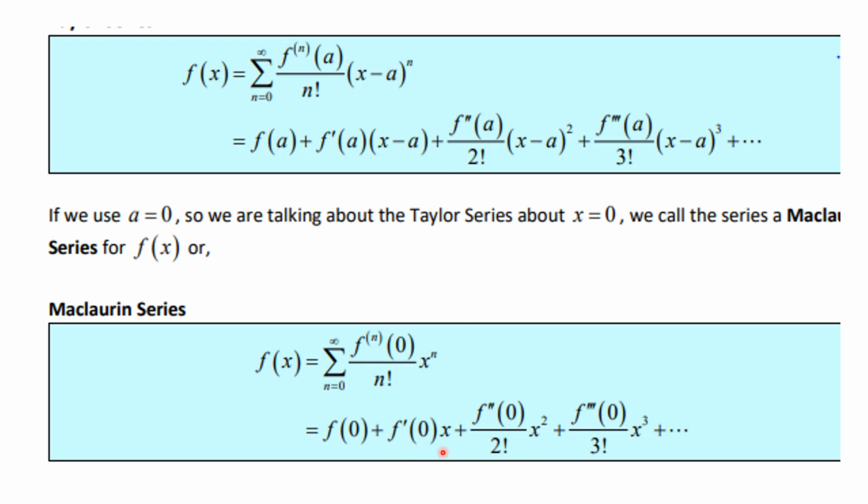And so you see these are going to be x minus 0, this is x minus 0 whole squared, this is x minus 0 whole cubed, and so on and so forth. This is simpler, but please do not make this a big deal. It is simply the Taylor series about the point a equal to 0.